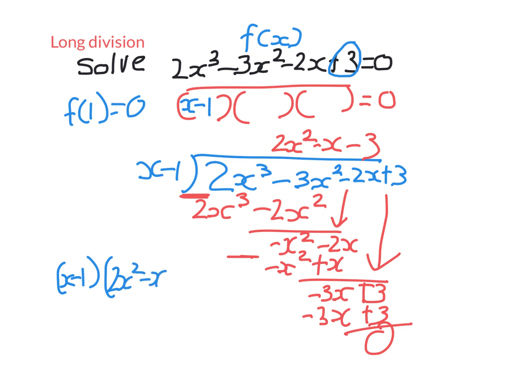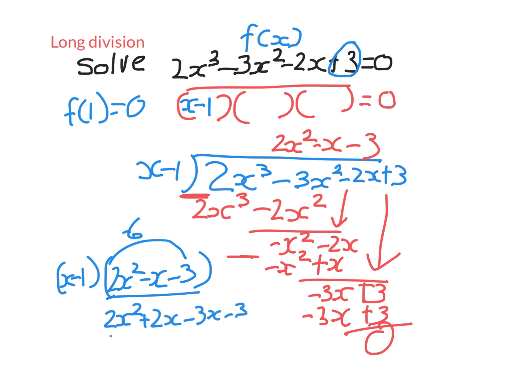So now what I have to do is factorize this quadratic here. Just in case you've forgotten, we use the AC method. We go a times c is negative 6. Two numbers that multiply to negative 6 and add to negative 1 are, of course, negative 3 and positive 2. So we split up the middle term accordingly.